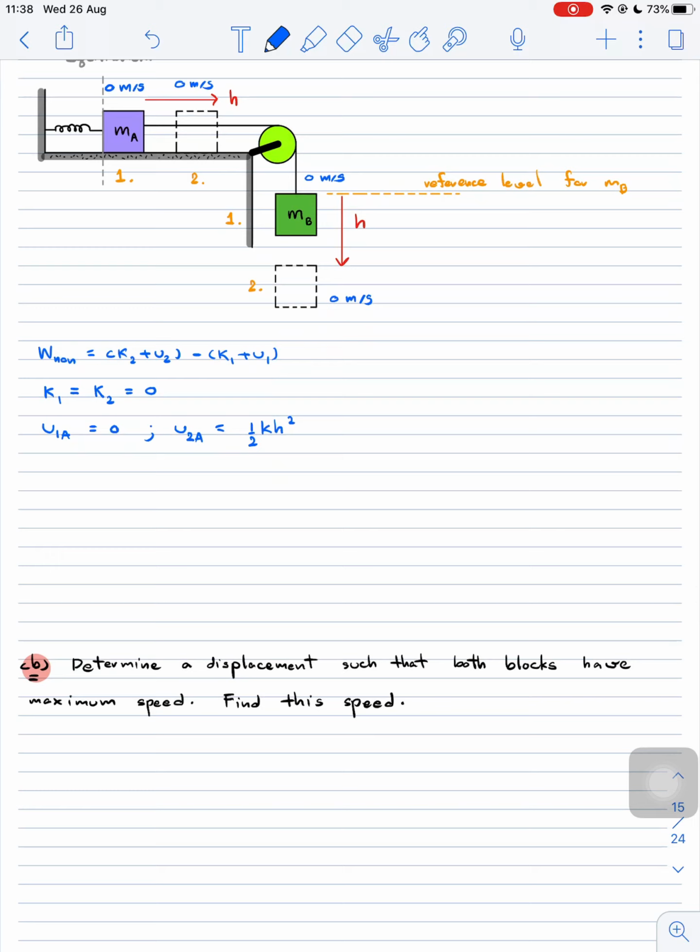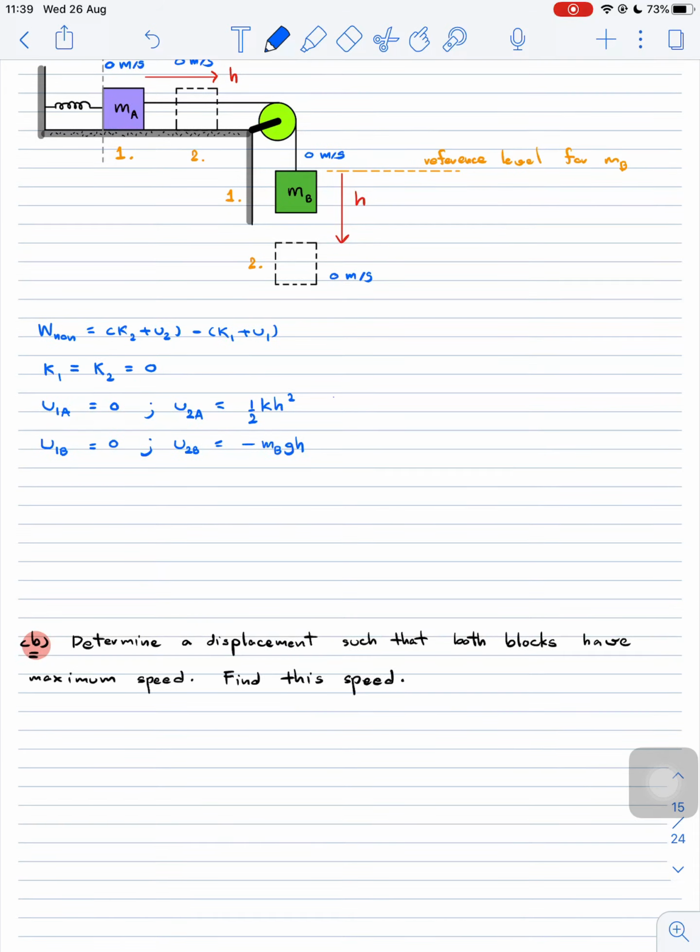So we have U1B must be equal to 0. But how about the final potential energy? After moving by H, this position is below the reference level, so it's going to have the potential energy of minus MB times G times H.